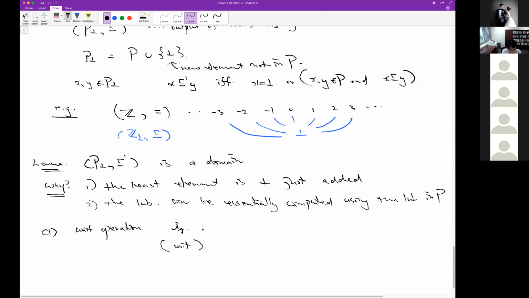This I up arrow is a mapping that takes P and returns P bottom, P lifted. Its definition is what you expect. I up arrow A is just return A. So it's an embedding from P to P bottom. For instance, with the set of integers and then lifted integers, I up arrow just takes an element like -3 and returns it as -3.